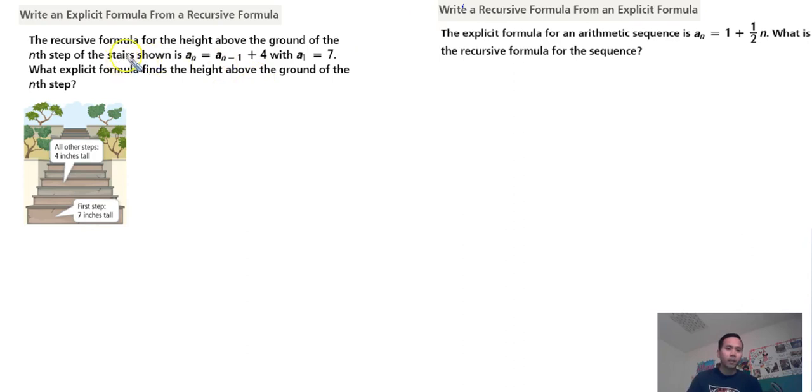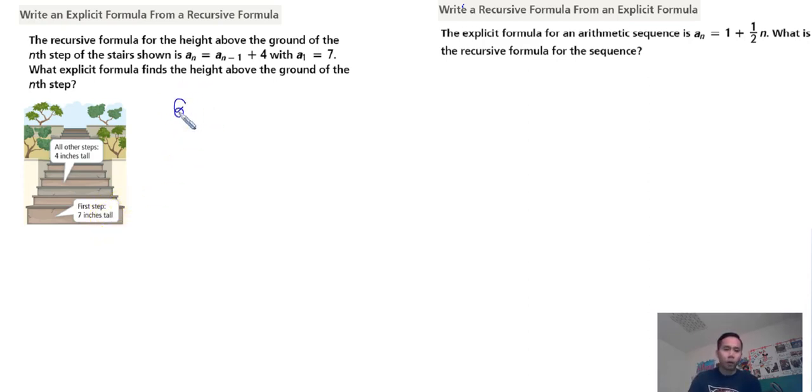Identify the explicit formula for the height above the ground of the nth step of the stair, given the recursive formula a sub n is equal to a sub n minus 1 plus 4 with a1 equal to 7, which is the first step. What explicit formula finds the height above the ground of the nth step?